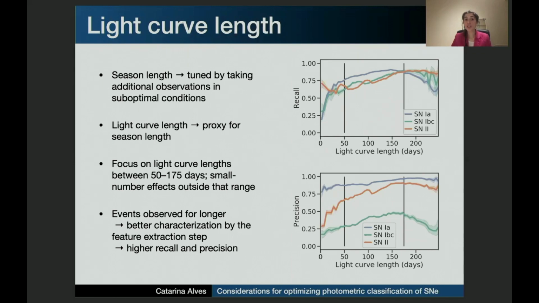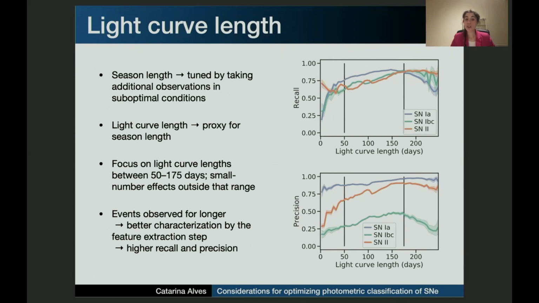One of the important properties of the observing strategy is the season length, that we can tune by taking additional observations in suboptimal conditions, such as high airmasses. And in this work, we use the light curve length as a proxy for the season length.